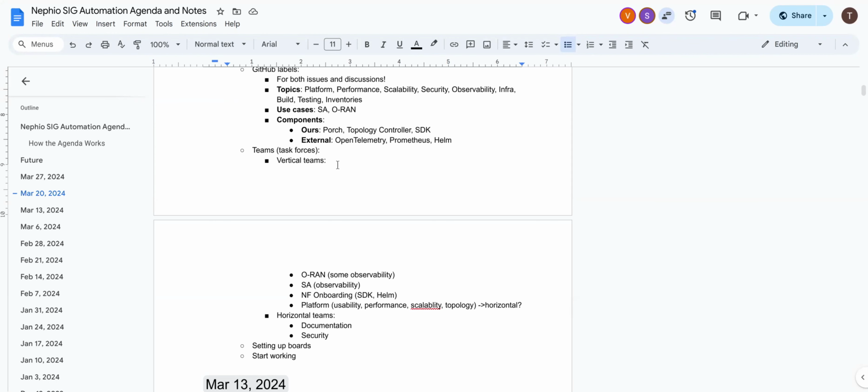You can have multiple labels per issue, which we also discussed, or raised the question whether we should do that. Having every issue have multiple labels might make it appear on different boards and different teams, and might make it difficult to know which team is responsible. That's kind of my concern.